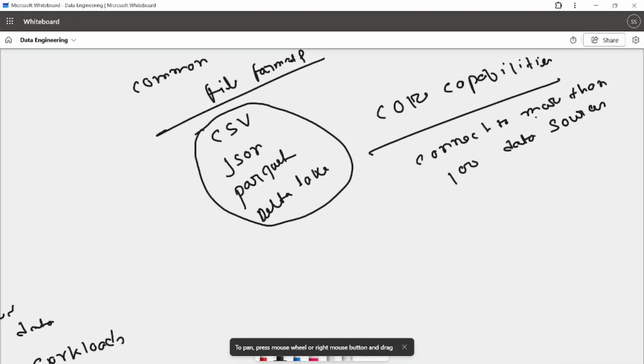Then create ETL and ELT pipelines. Next is create ETL, ELT pipelines. Okay, then automate data movement.